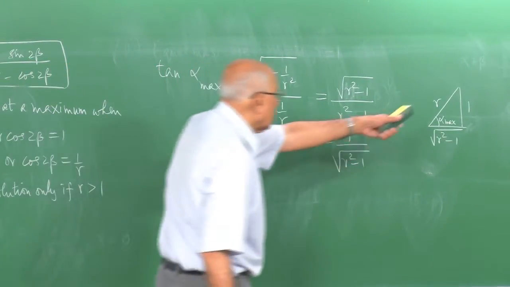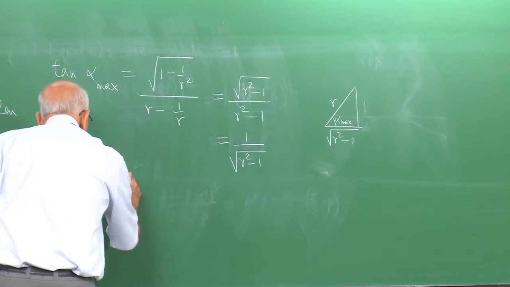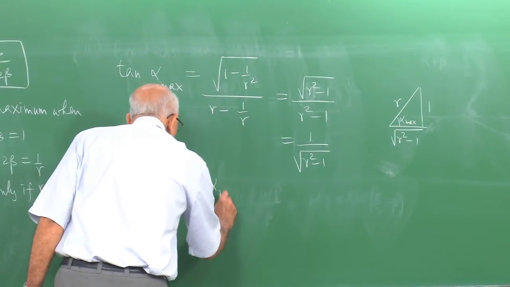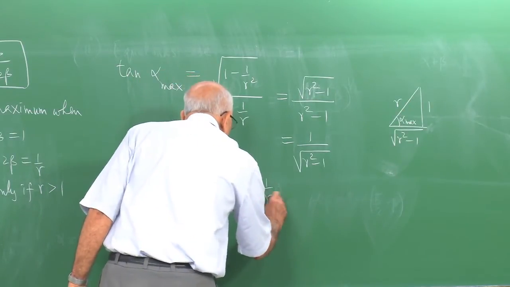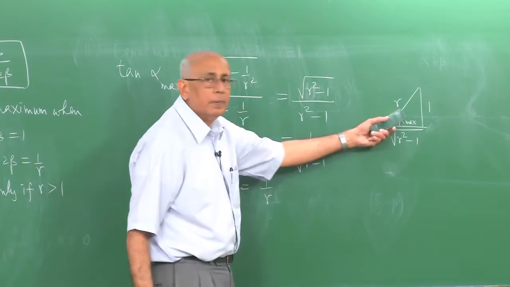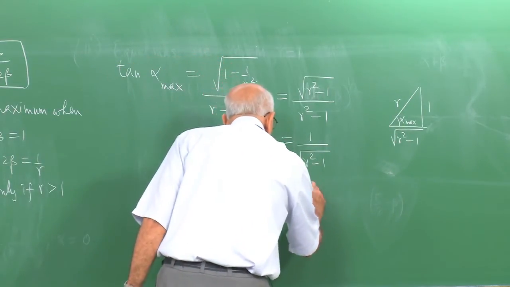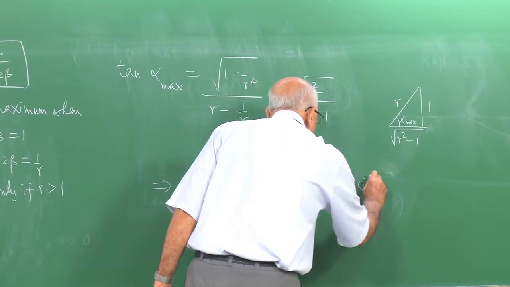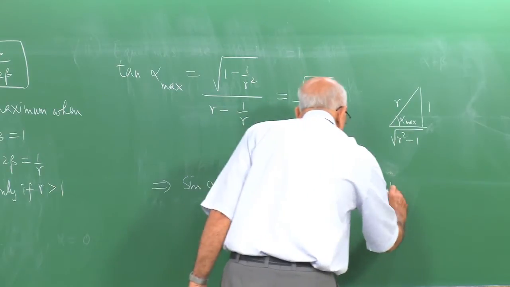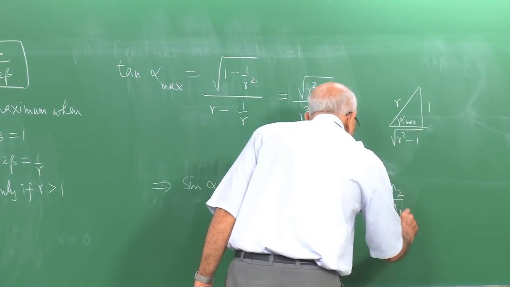So the square of this plus that is equal to r squared, and this will imply that sine alpha max equals 1 divided by r, or alpha max equals sine inverse of 1 over r, which is m2 over m1.